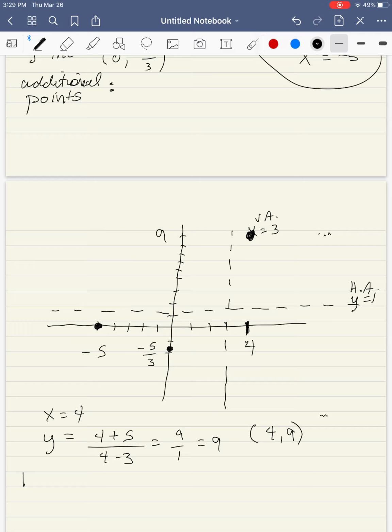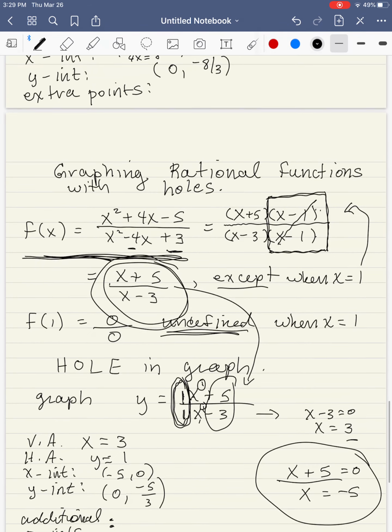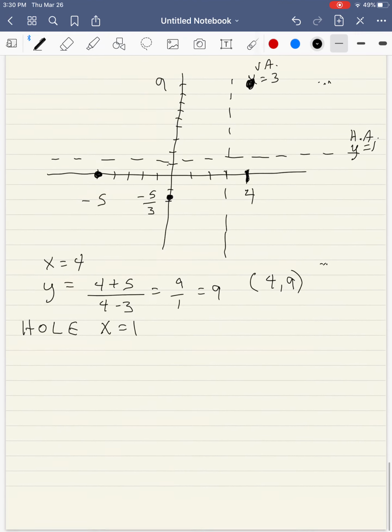Okay, let's go back and revisit the hole. The hole, remember, was at x equals 1, because that was the value of x here where the 2 factors canceled out. That was the value that gave us 0 over 0, which was undefined.